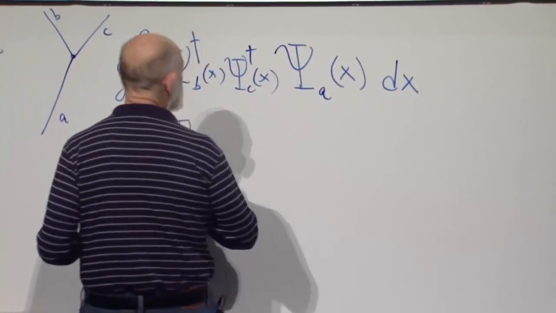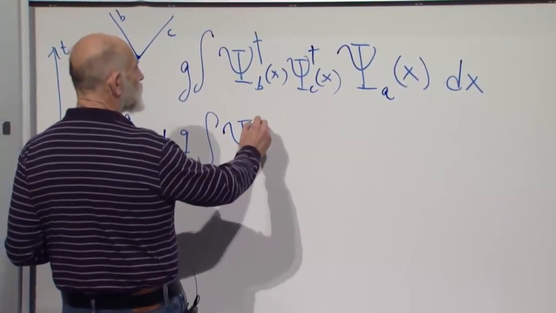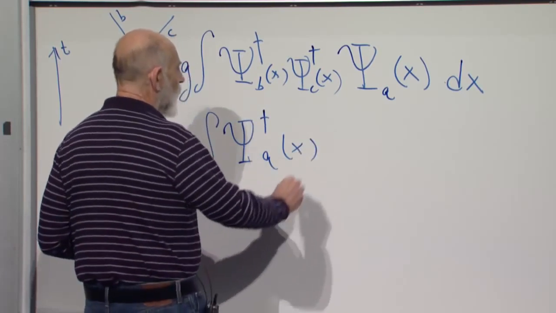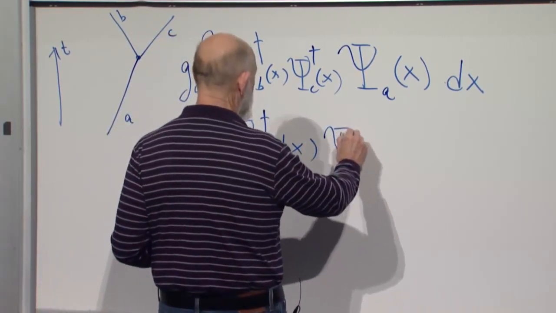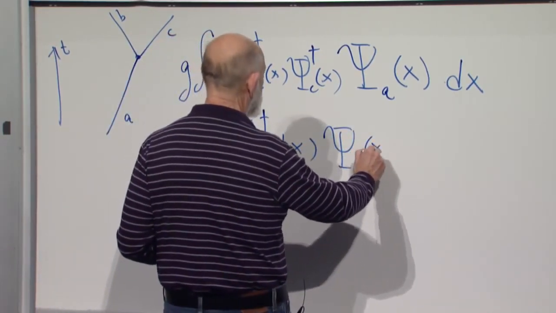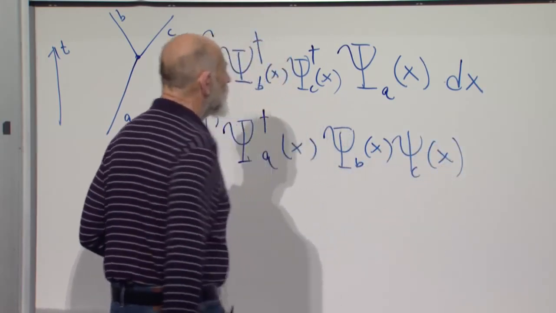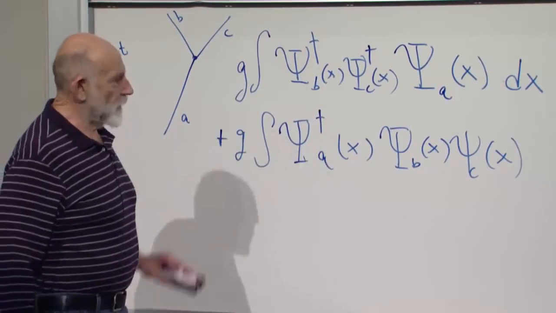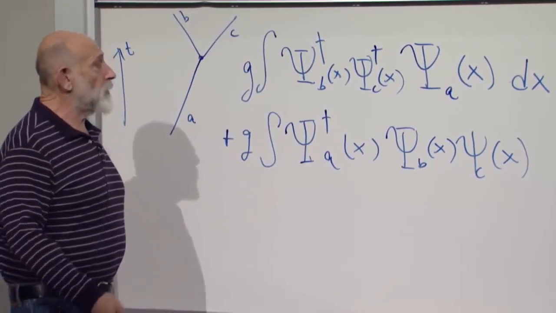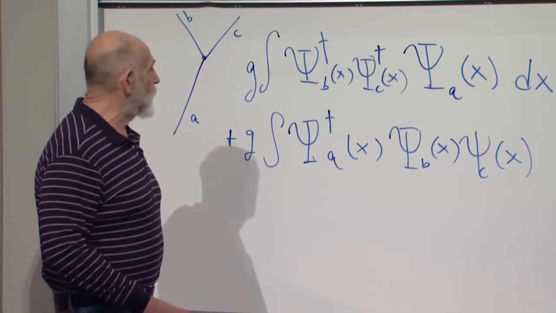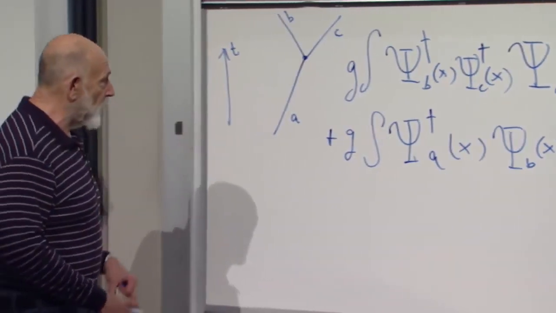So we can do it: psi dagger A of x times psi B of x times psi C of x. Now, how is this different than this? The answer is every creation operator has been replaced by an annihilation operator. Every annihilation operator has been replaced by a creation operator.